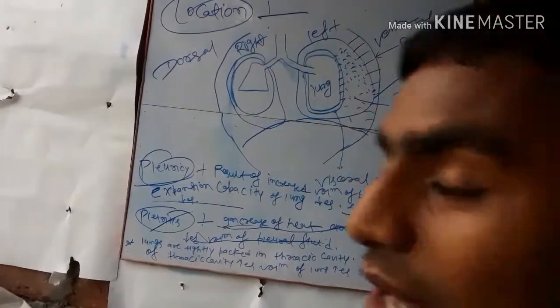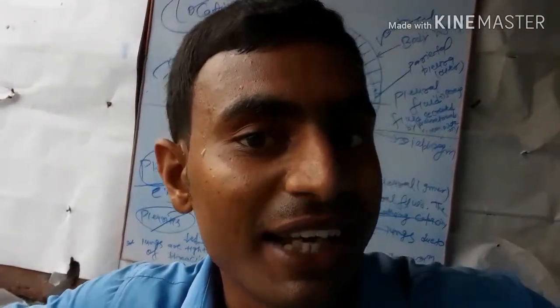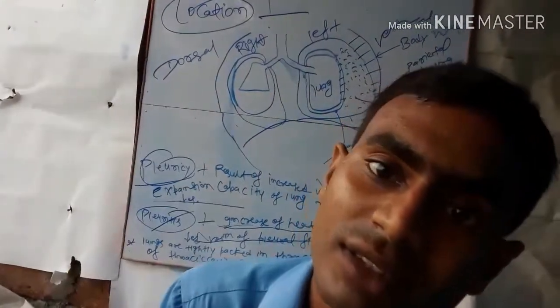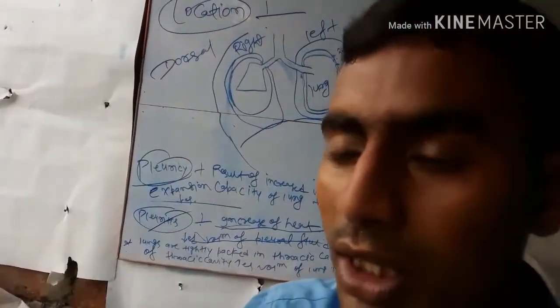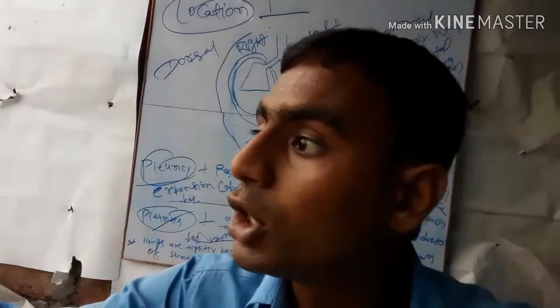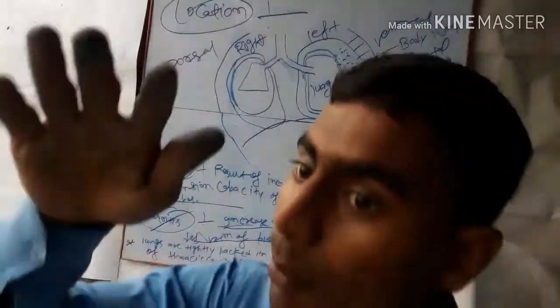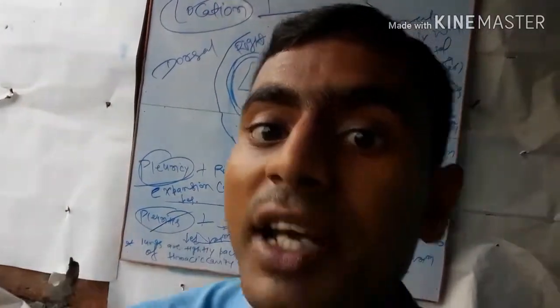This is the main point: when the volume of the thoracic cavity increases, the volume of lungs increases. When the volume of the thoracic cavity decreases, the volume of lungs decreases. How will inhalation happen? When the volume of the thoracic cavity increases, the volume of lungs increases and pulmonary air pressure decreases in comparison to atmospheric air pressure.